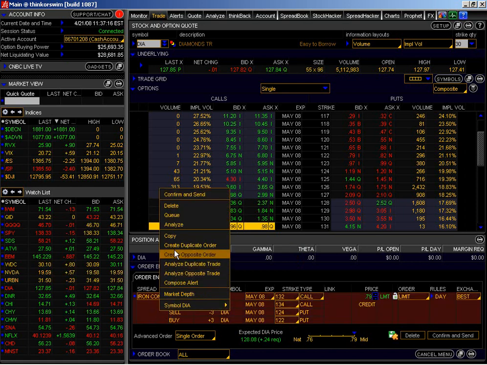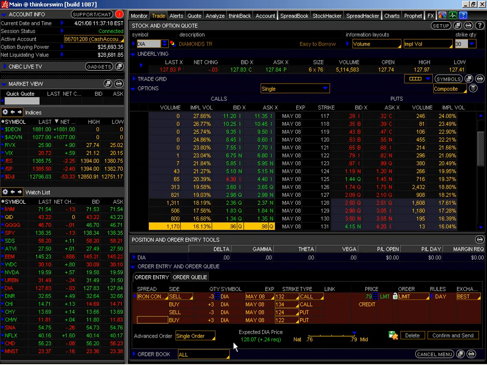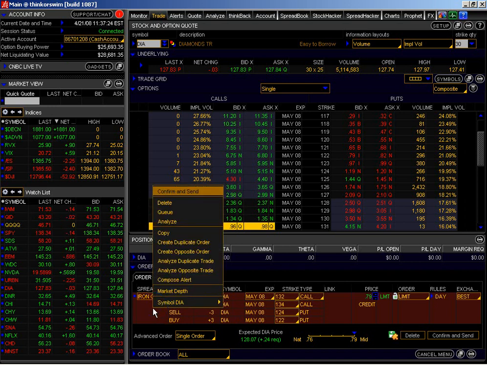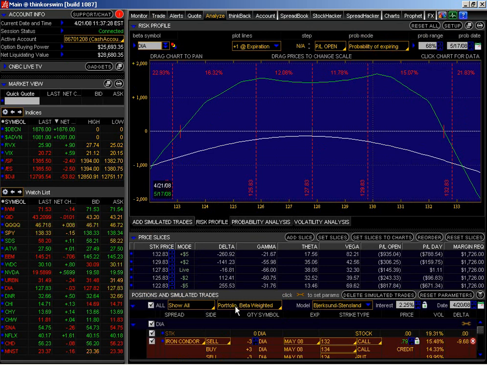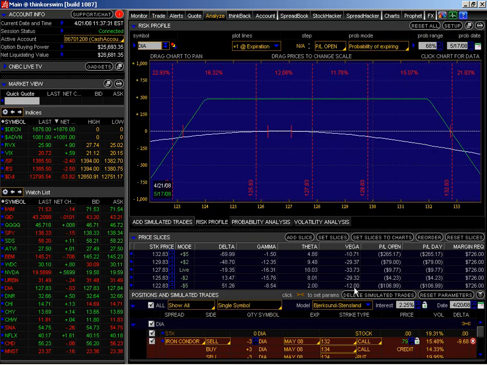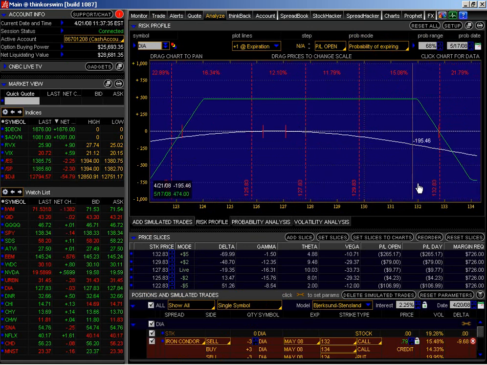The very next step, after we get this into our order entry window, is to take a look and analyze it as a duplicate trade by itself, and see exactly where we are in our picture. If we like this picture, then we're going to go ahead and do the trade. Our break even is down here around 123.25 on the downside.